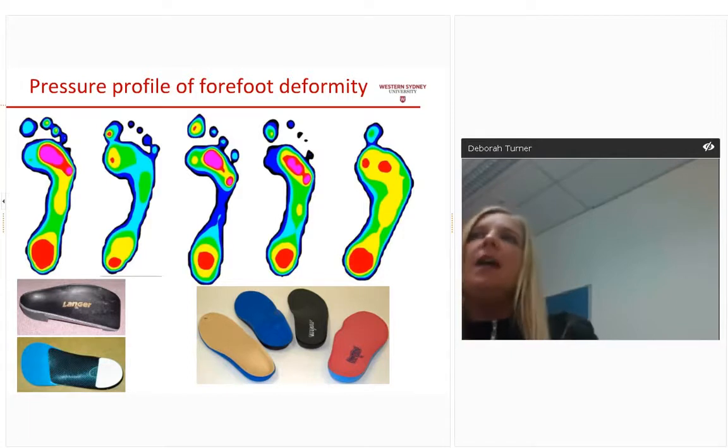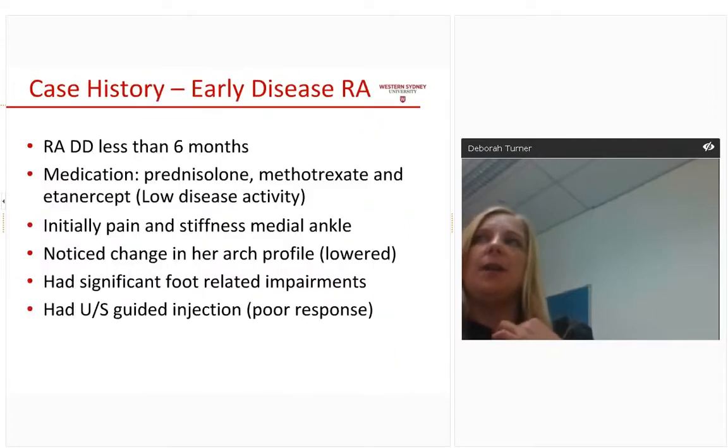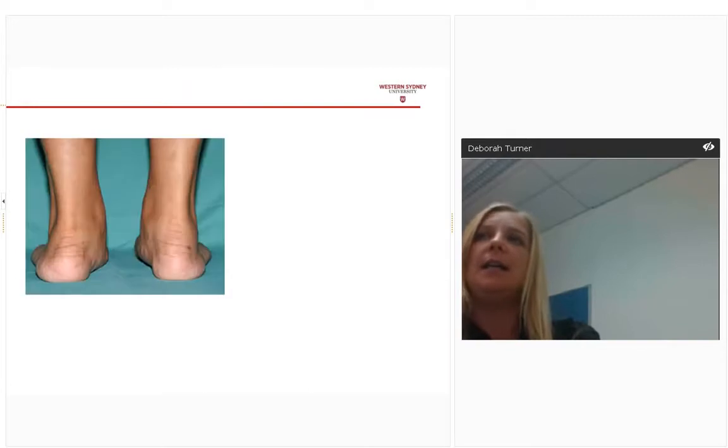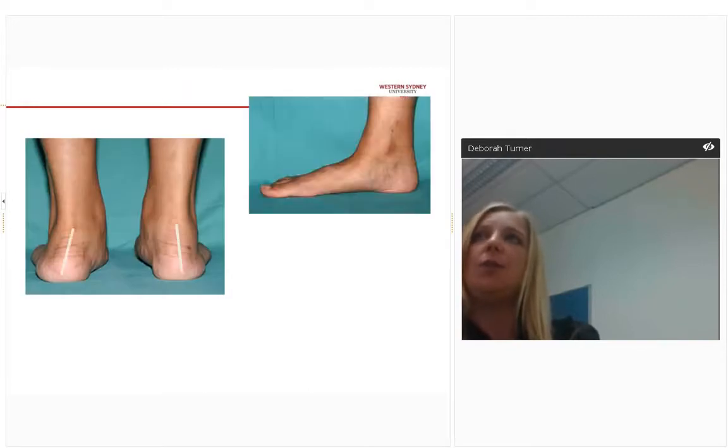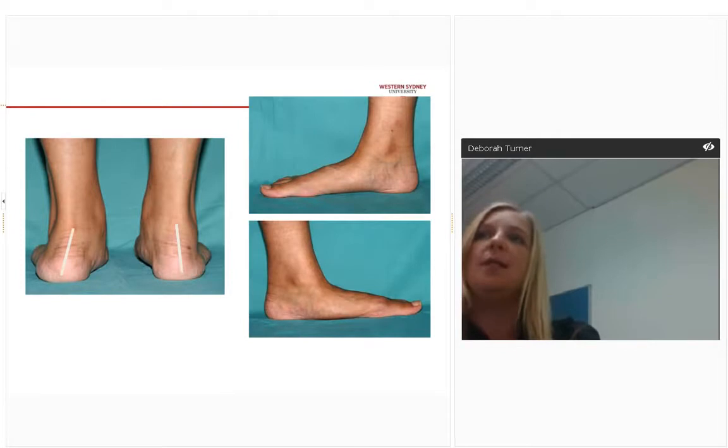Being able to identify patients early is highlighted in this case, where we had a young patient with rheumatoid arthritis of less than 6 months who was being adequately managed with her pharmacological medication. In this slide she presented with quite a marked deformity in the left foot. We can see that the arch is markedly lower, and the calcaneus is in a much more everted position.